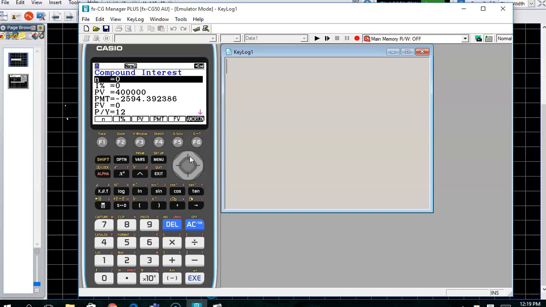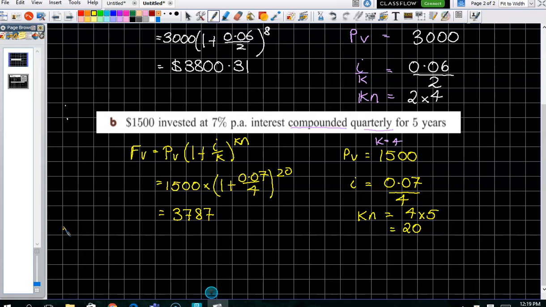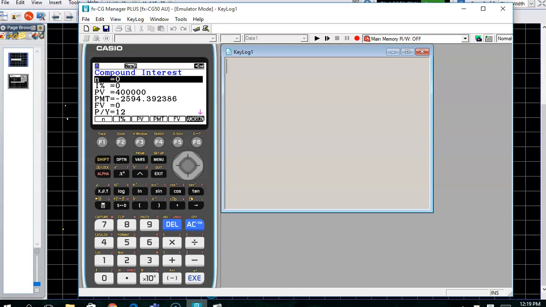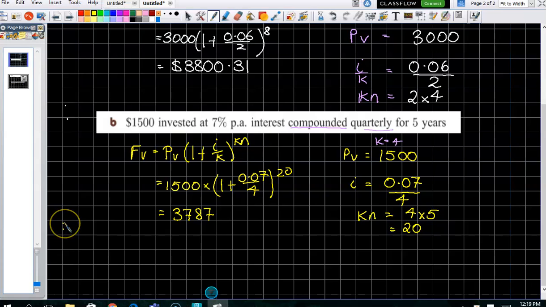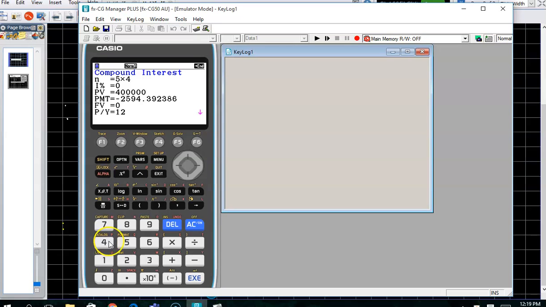So here we go. For our question here, $1,500 invested quarterly for 5 years. We're going to see if our calculator can do it for us. What is our N? 5. So we say 5, but we're timesing it by 4. And this is where we have to pay attention now.